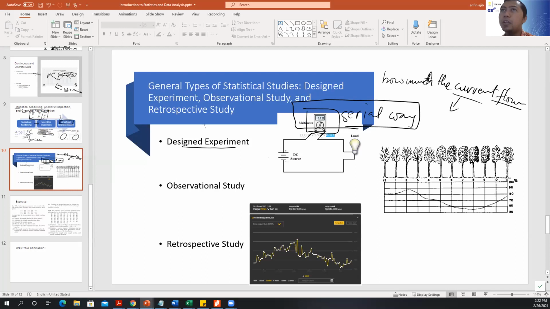It is not possible if we connect the multimeter in parallel; in parallel we never get the current flow. That's the kind of scientific reasoning related to the method or assumption that we use.